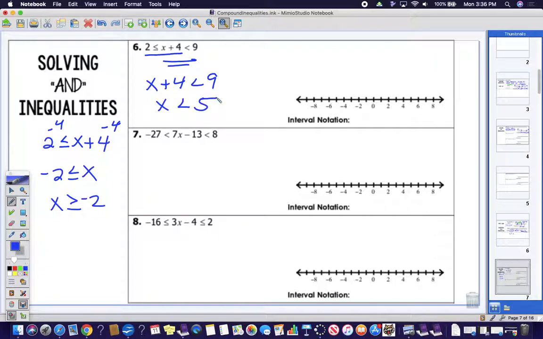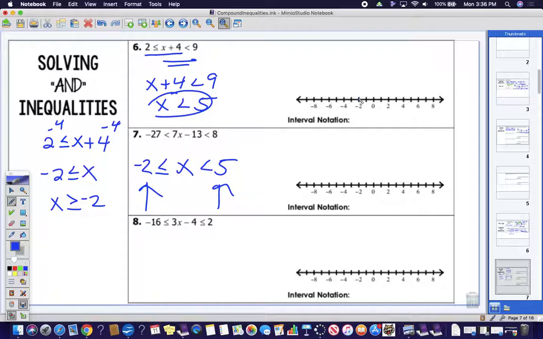Okay, so now we would write this in that condensed form. I'm kind of flowing into these other problems, but that's okay. We're just looking at number 6. We put x right in the middle. We have x is greater than or equal to -2. Notice I read it from right to left. And then x is less than 5. To graph this, here's the far left number and here's the far right number.